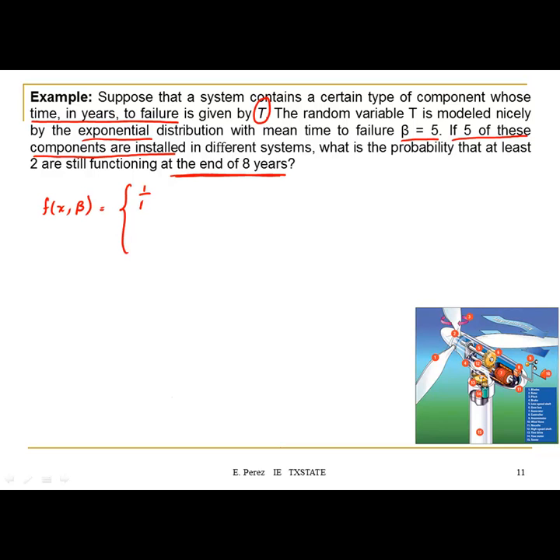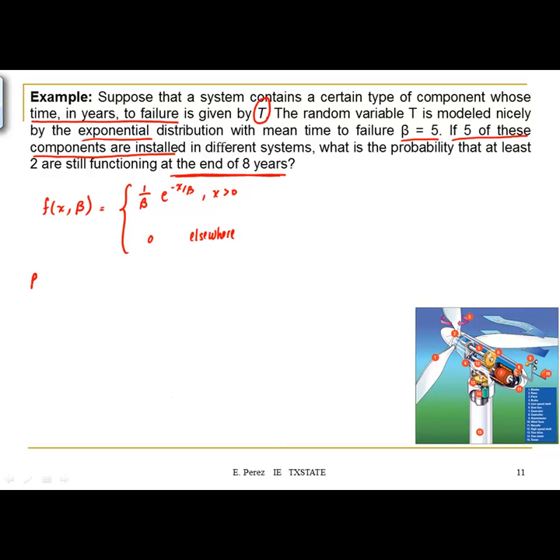This is 1 over beta e to the power of minus x over beta, and 0 elsewhere. And this is for x greater than 0. So again, T is defined as the time to failure.